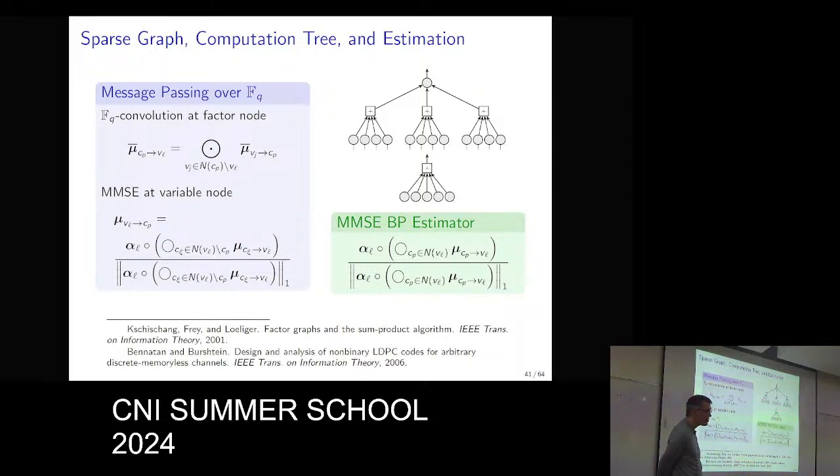This is not going to be a Fourier transform, but it's going to be a transform in a similar way. So we have a very efficient way to do that even for very long vectors. That's very beneficial. And for the variable nodes, what you have to do to compute the information that you're going to pass to other nodes is a simple Hadamard product, and then you divide by a normalized version of it. So this is how you pass messages on this graph.